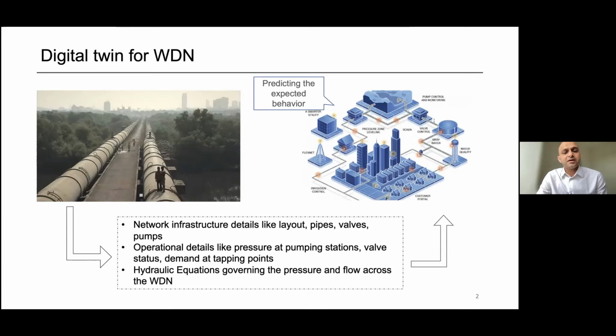Typically, in the labs, people have well-established empirical relationships that try to understand the flow of water, or in general fluids, in pipes. A lot of models use these empirical physical relationships, and they try to model the actual setup and predict the expected behavior.